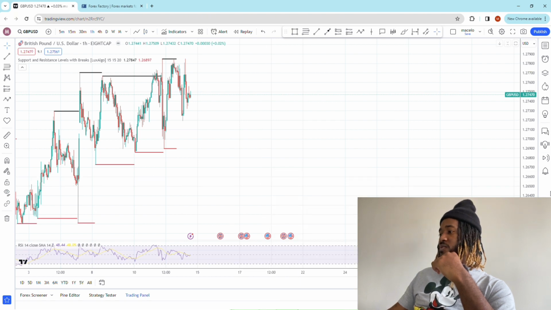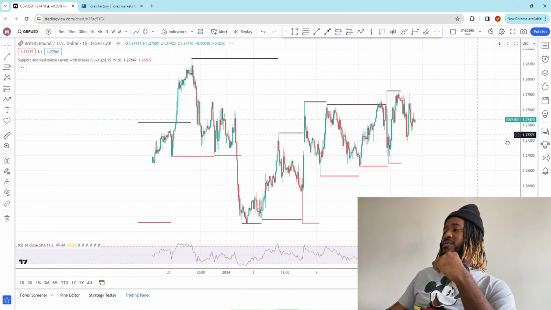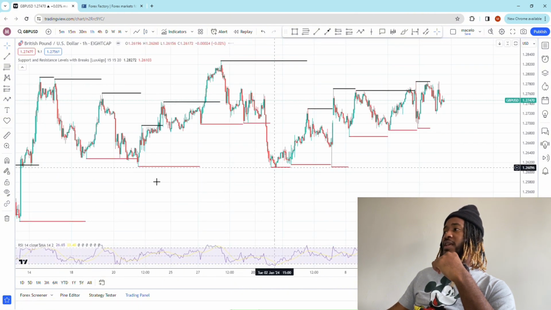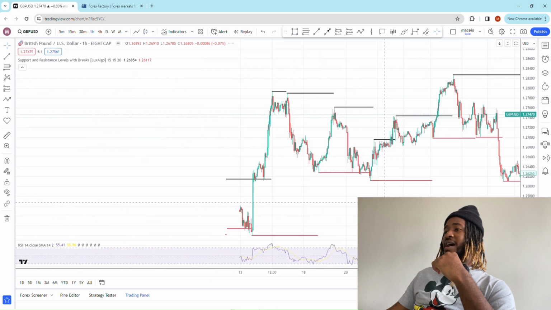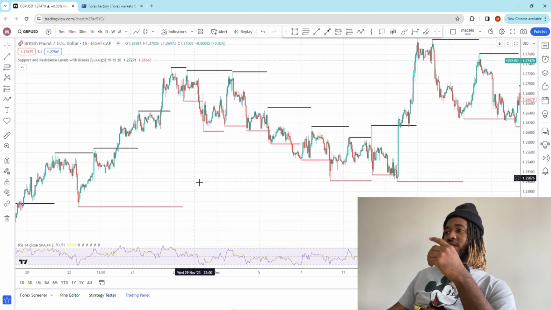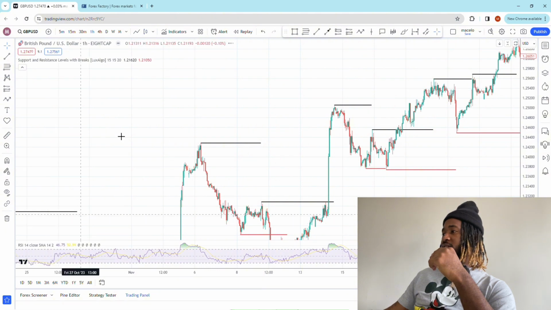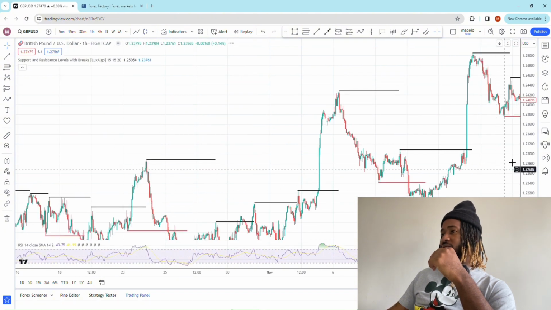So right now, how I backtest would be, I'll go on any chart, any time in the chart. So let's go from, let's say, November.